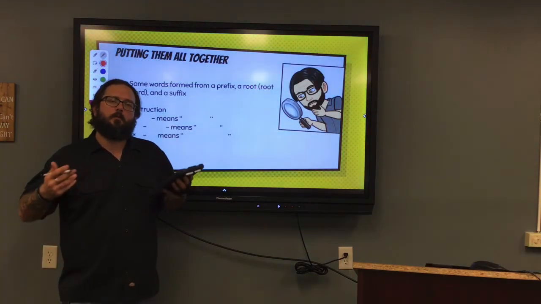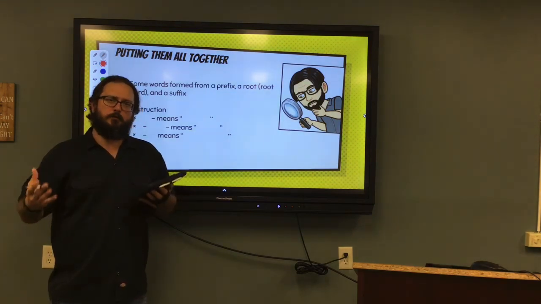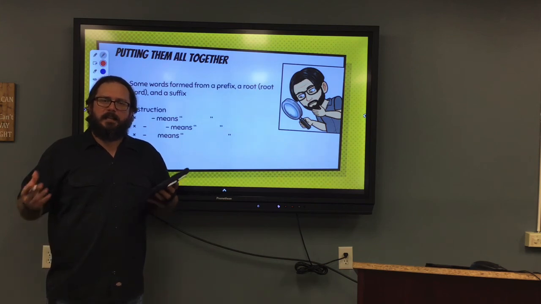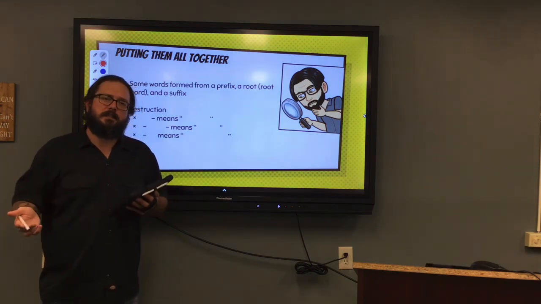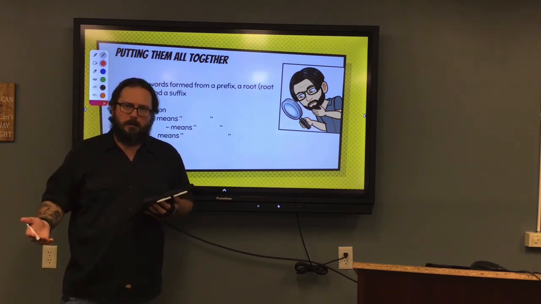There will be some words that will include a prefix, a root or root word, and a suffix. Again, if we understand the meanings behind the roots and the prefixes and suffixes, it will help clue us in onto the meaning of the word.